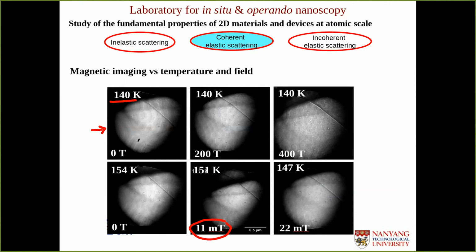We go from a lamellar structure at low temperature when no field is applied, and by increasing the field inside the TEM, you can see that the lamellar structure goes into island domains. And now the next step is to follow the propagation of these domains when we apply different stimuli.